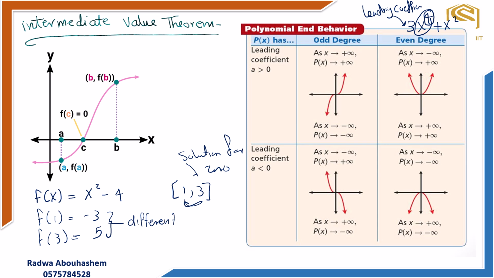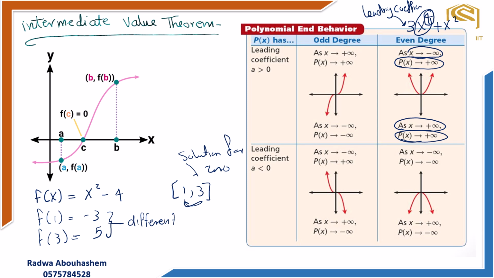If it's greater than 0, this means that both of them are looking up. What is the meaning of looking up? They're going to positive infinity. So if x is negative, the y would be positive. If x is positive, the y would also be positive.